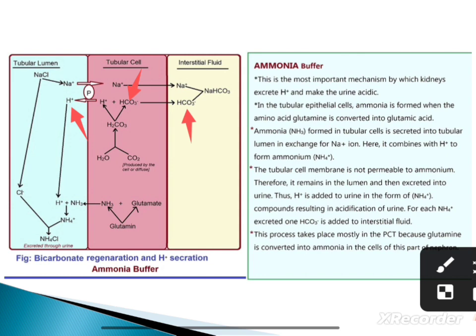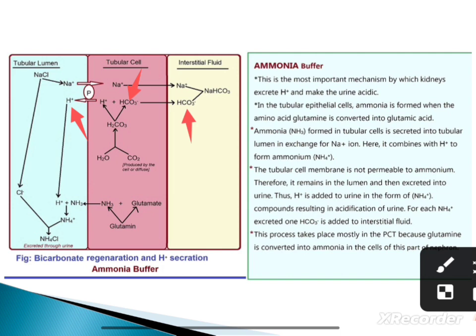So in my previous slide, I mentioned how the kidney regulates acid-base disorder: increased bicarbonate reabsorption, increased bicarbonate regeneration, increased hydrogen ion secretion. Now you can understand that the ammonia buffer system causes two of these three mechanisms.